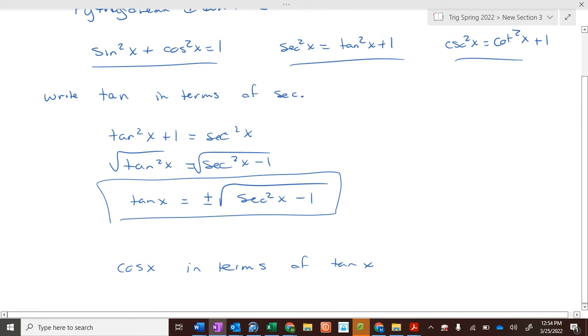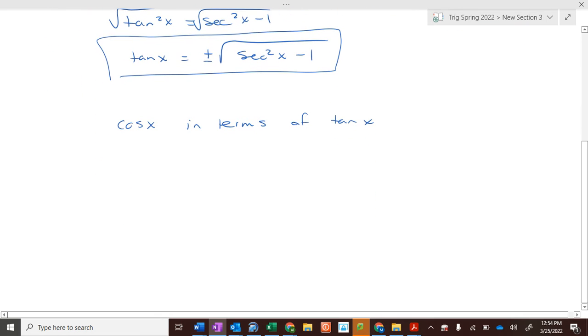No. Is there something that involves cosine that's easy to put the other term in terms of tangent? Can we change sine into tangent really easily? No. Here's a tangent one. Can we change secant into cosine really easily? Yes, we can. So I'm going to use that one.